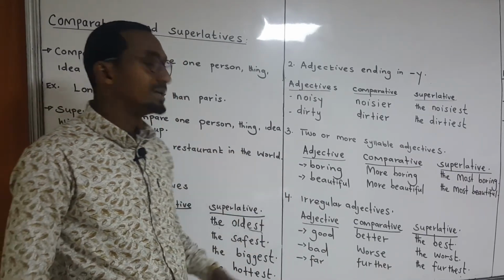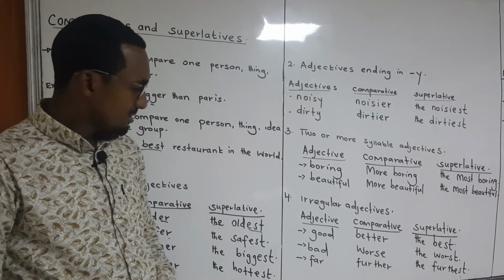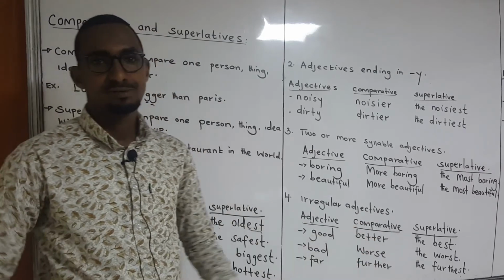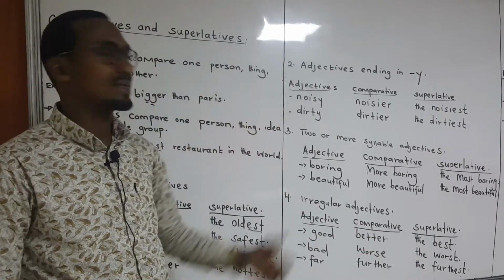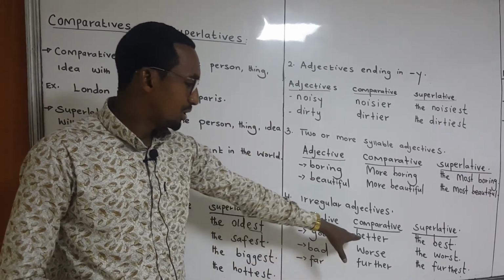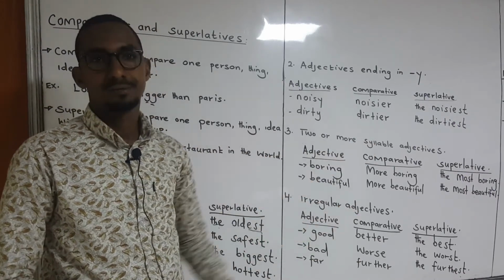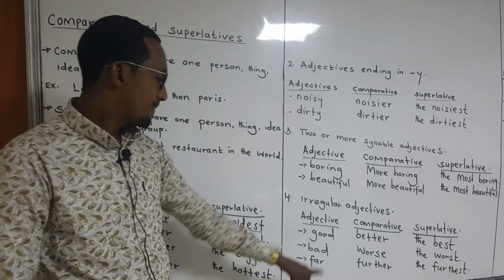Then we have number 4, irregular adjectives. Irregular. These adjectives completely change. We are not going to add ER or more or something like that. They completely change. Good, then we will use better. And then we have the best. Good, better, the best.